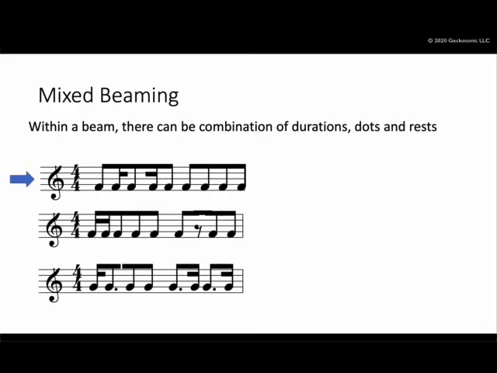Let's just listen to them now and we'll figure out how to understand how to play them or how to sing them a little bit later on. So here's the first one. And the second one. And the third one.